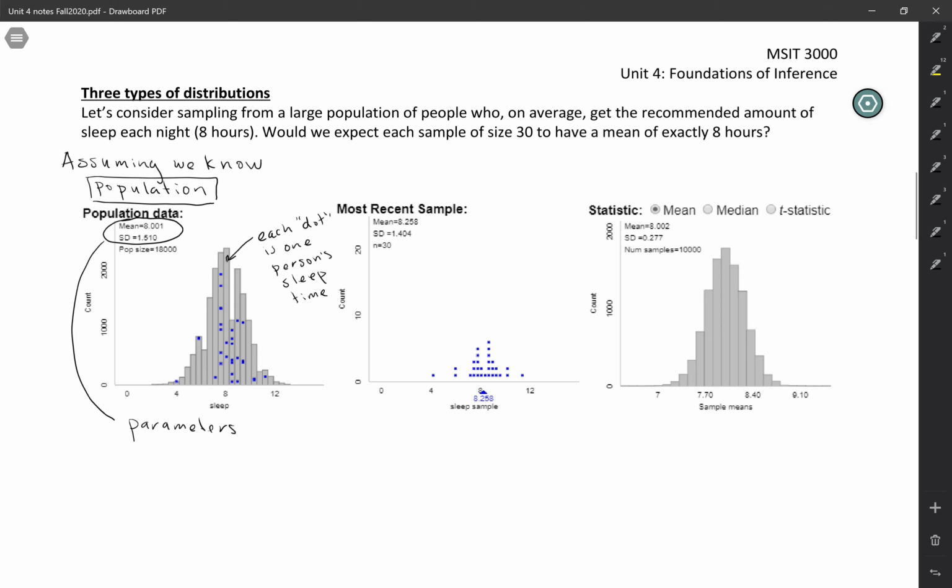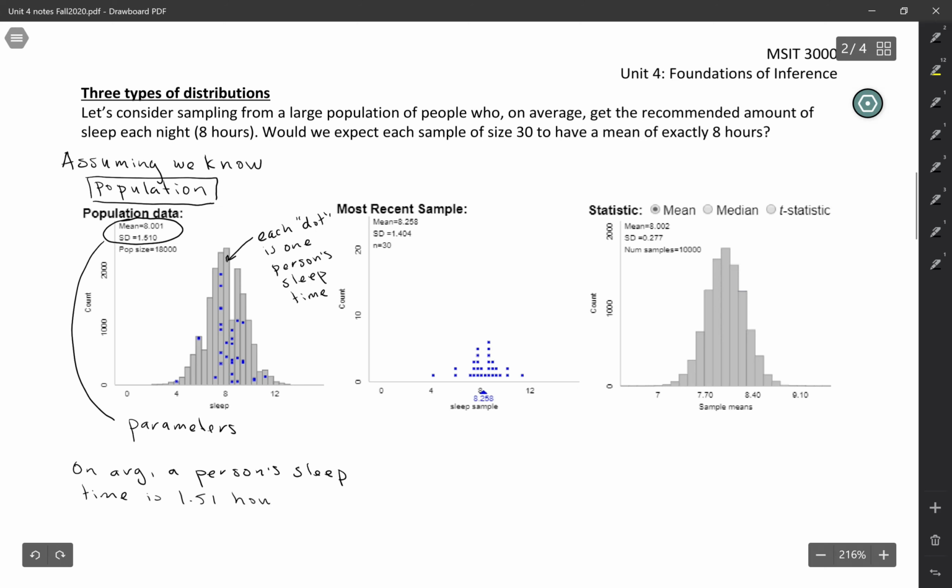To interpret the standard deviation, we would say on average, a person's sleep time is 1.51 hours from the mean sleep time, which in this case is 8. So the standard deviation describes the typical distance from one person's sleep time to the population mean.